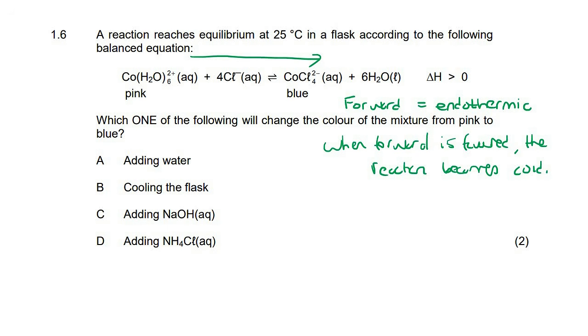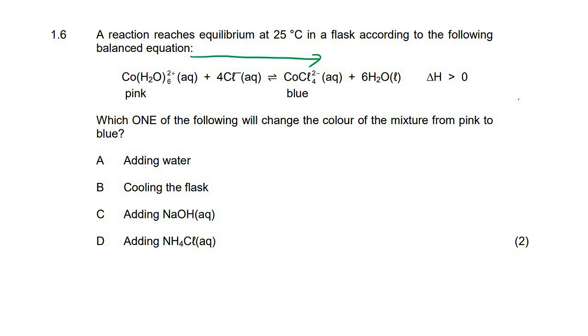So how would it do that? Well, it's not going to go forward because forward is endothermic and endothermic means cold. So when the forward reaction is favored, the reaction becomes cold. But that's not what we want to do. The system wants to make the reaction become hot again because someone changed it to cold.